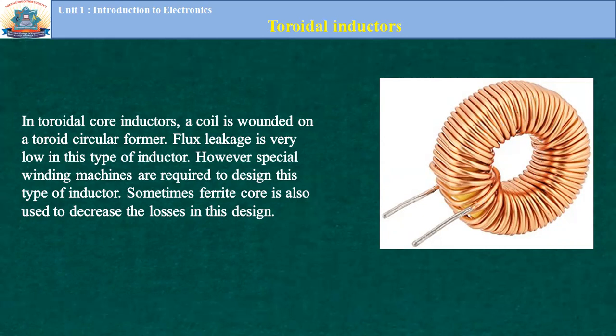Sometimes ferrite cores are also used to decrease the losses. These are also available in the range of 1 milli to 3 milli. They are found in common applications like filters and signal conditioning because of their good filtering properties.